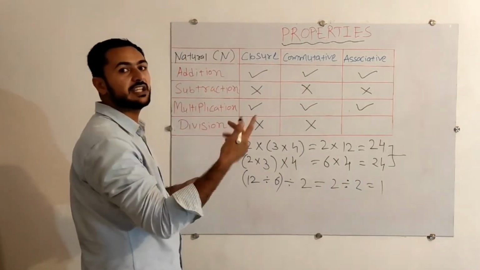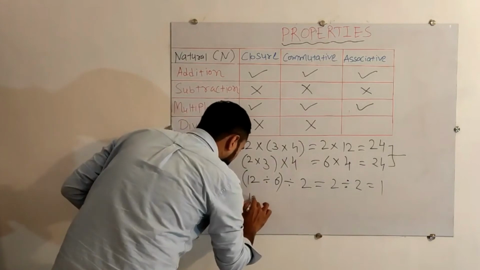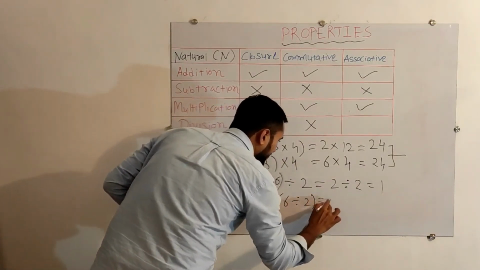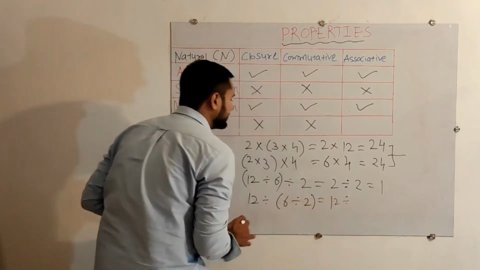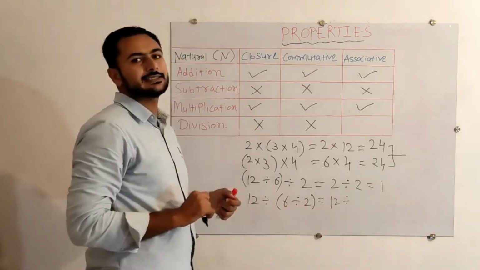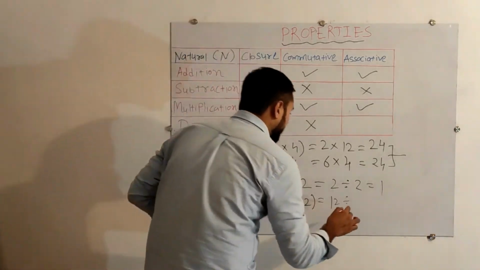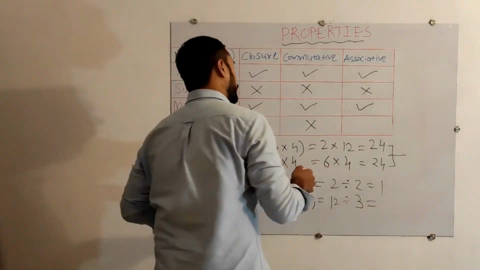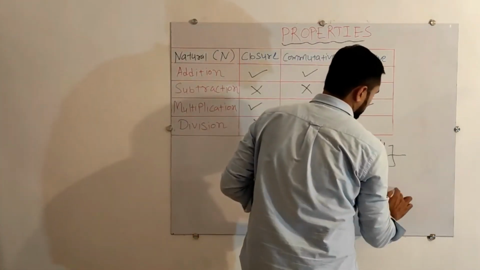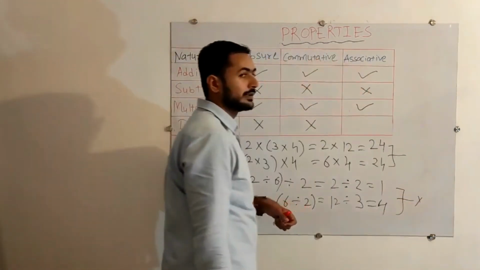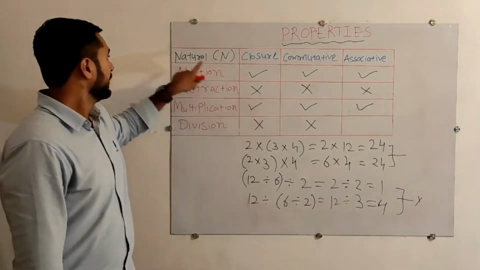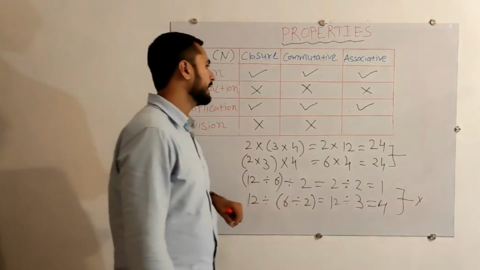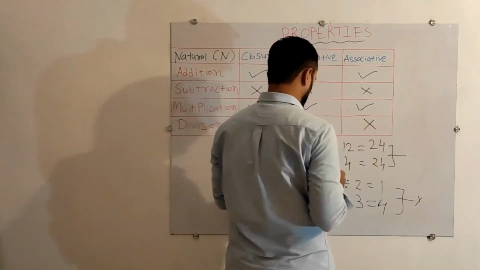Now I am going to change the group. So that will be 12 divided by (6 divided by 2). Here 12 as it is, divided by sign as it is, and 6 divided by 2 is 3. 12 divided by 3 is 4. See, these both are different. It means natural numbers are not associative under division.